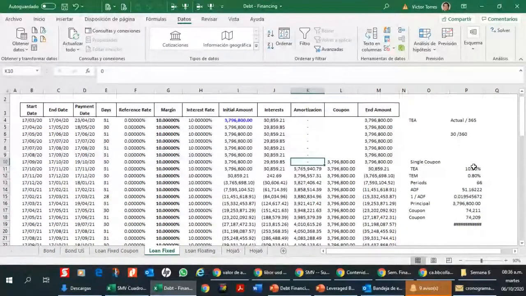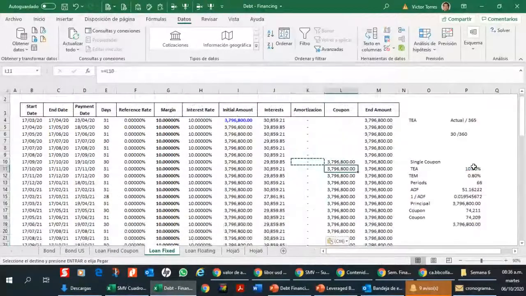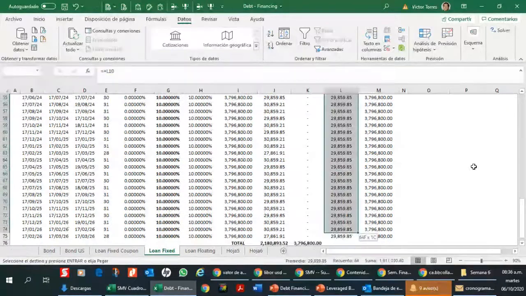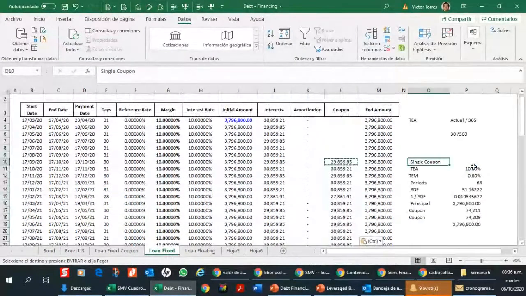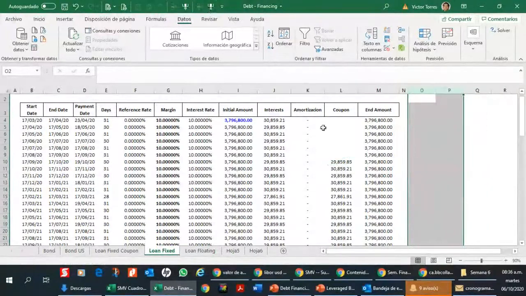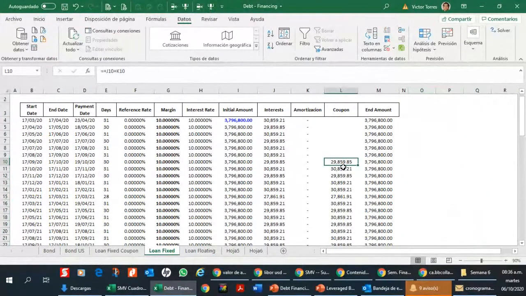Just to exemplify what I was saying before, there are different types of loans regarding amortization, right? And that's going to be impacting the duration of the bond or of the loan.